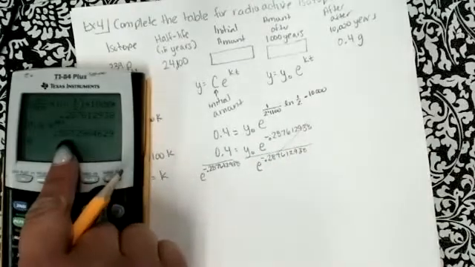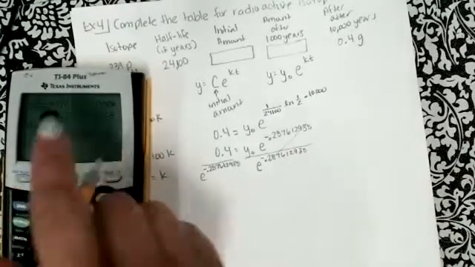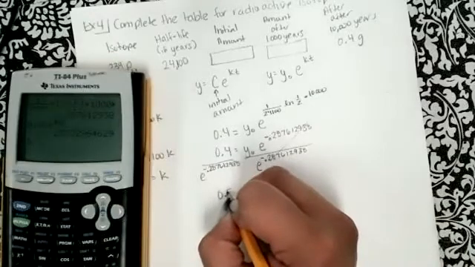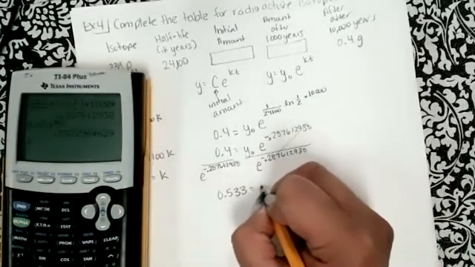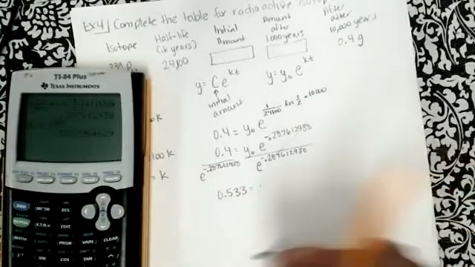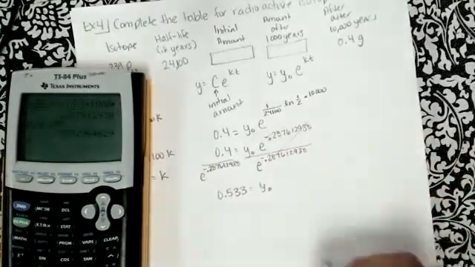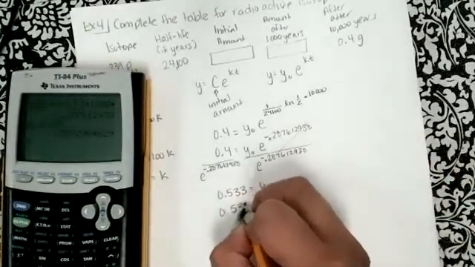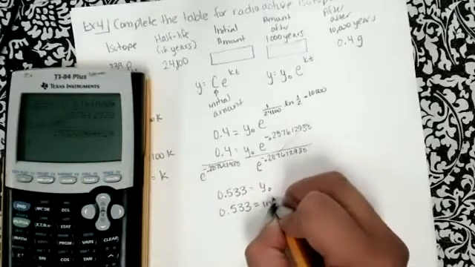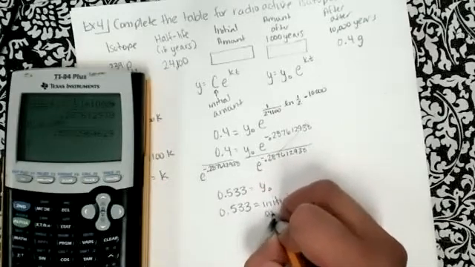I'm going to go to 3 decimal places, so that's 0.533. So that's going to be your initial amount. 0.533 equals the initial amount.